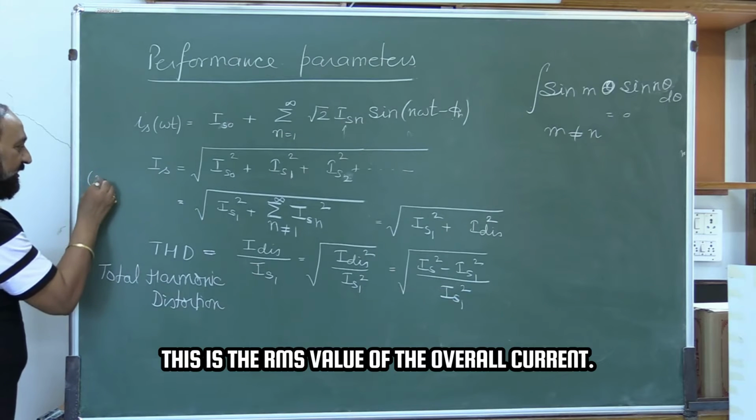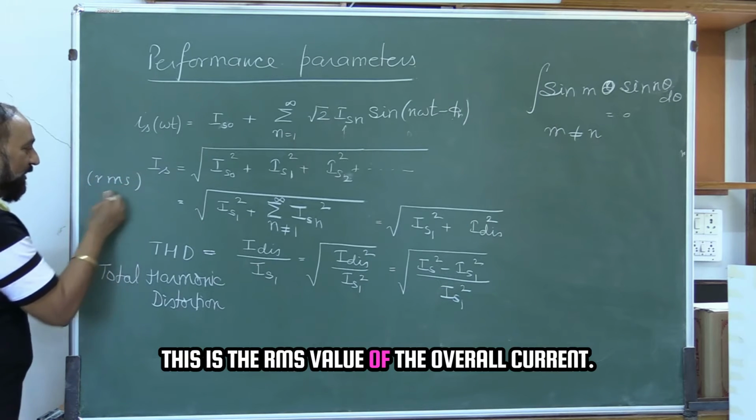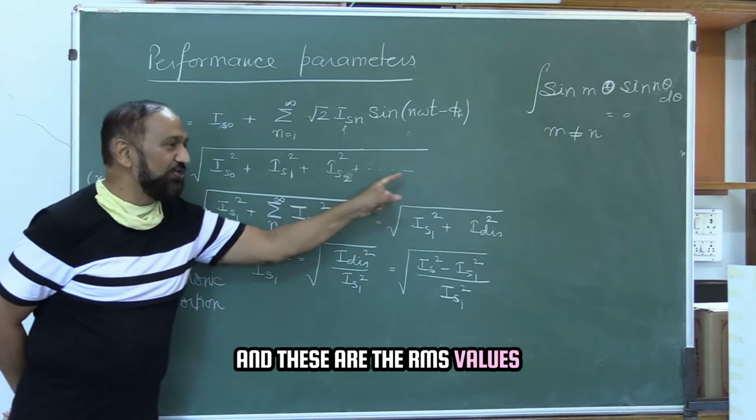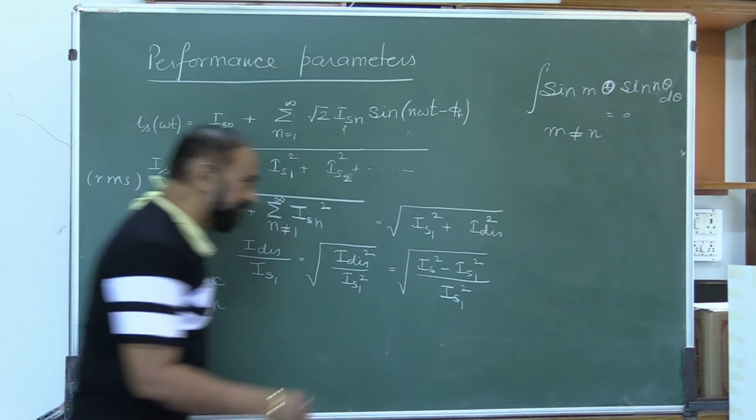This is the RMS value of the overall current, and these are the RMS values of the individual components.